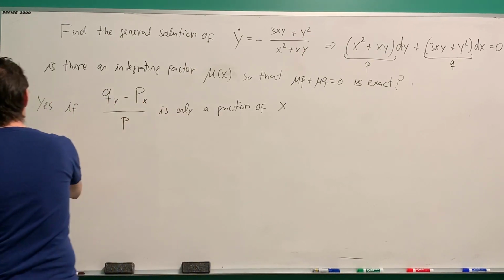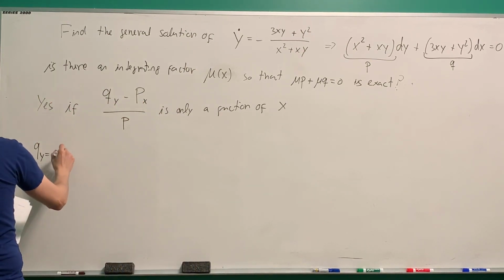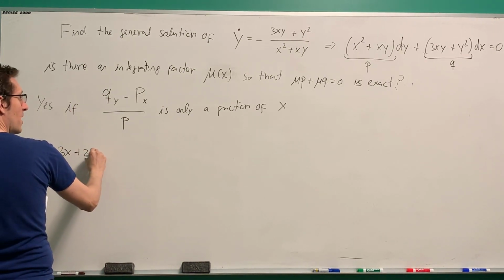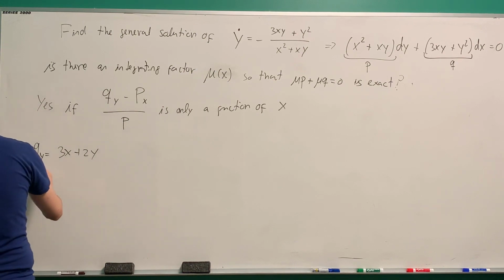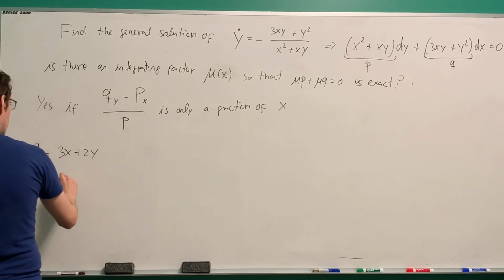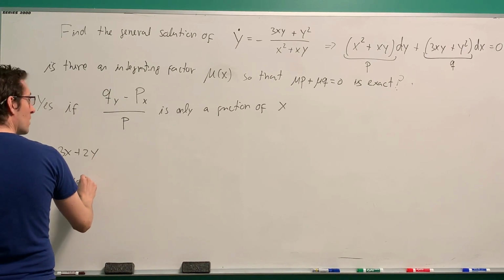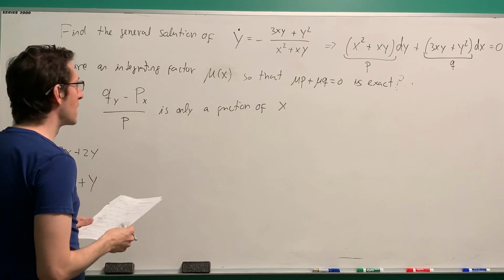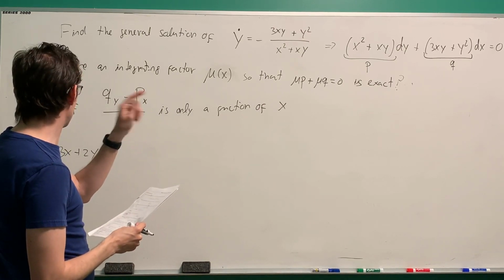Okay, q sub y, let's write it again. q sub y was 3x plus 2y, and p sub x was equal to 2x plus y. Is that correct? Yes.